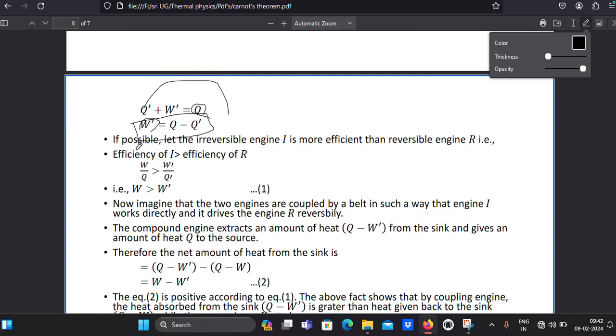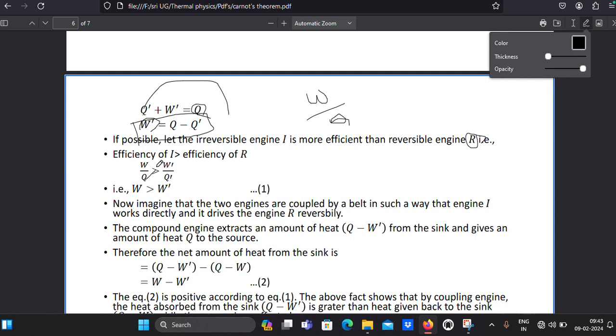If possible, assuming there is a chance, let the irreversible engine I be more efficient than the reversible engine R. For example, the irreversible engine has more efficiency than the reversible engine. Then the definition of efficiency is work by heat.